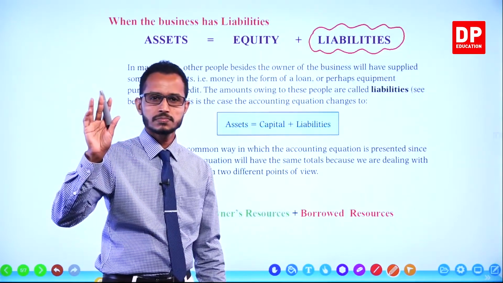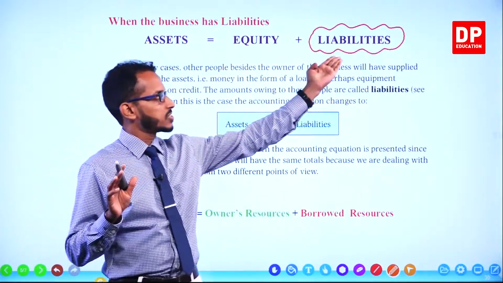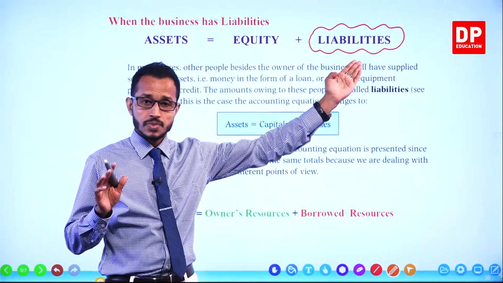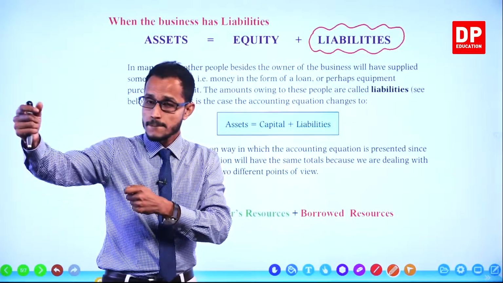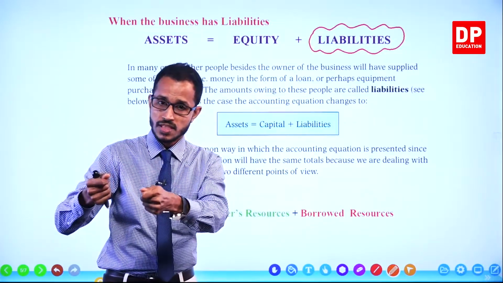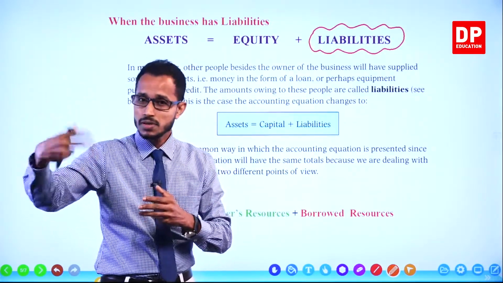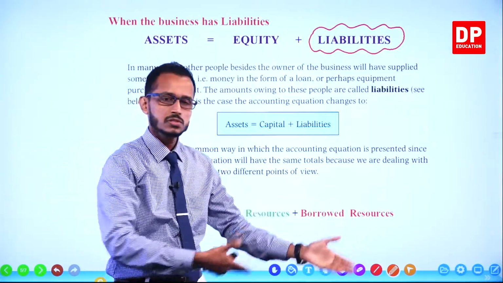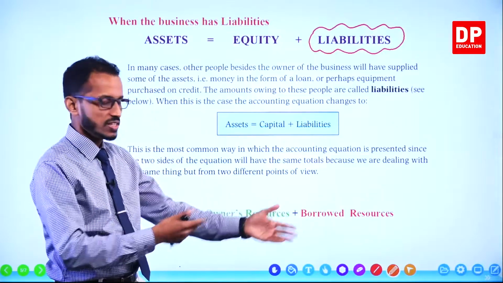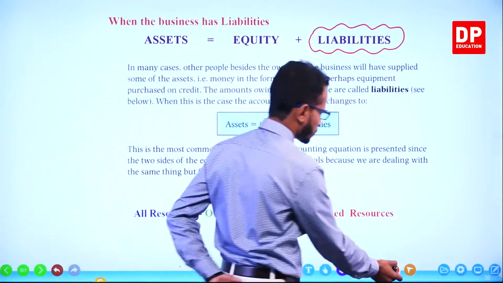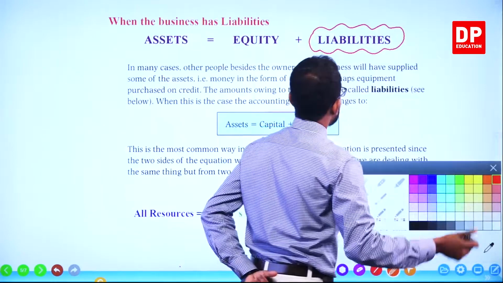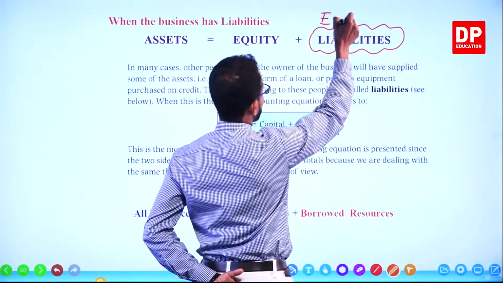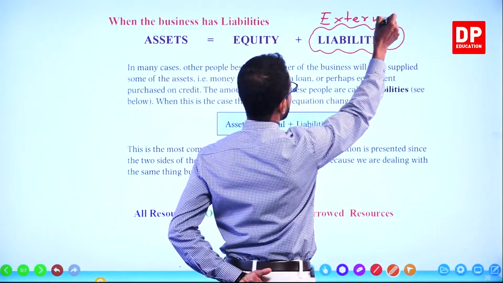Liabilities are the payables or owings or borrowed resources which are invested in the business. So, external liabilities.